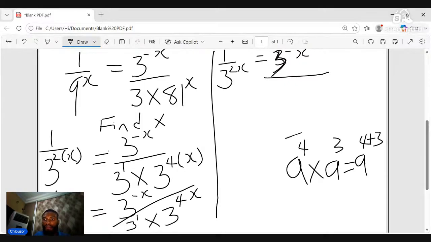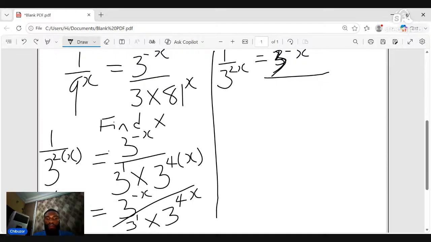This is what the law of indices states, the multiplication law. So when we apply that here, we have 3 raised to power 1 plus 4x. Understood?